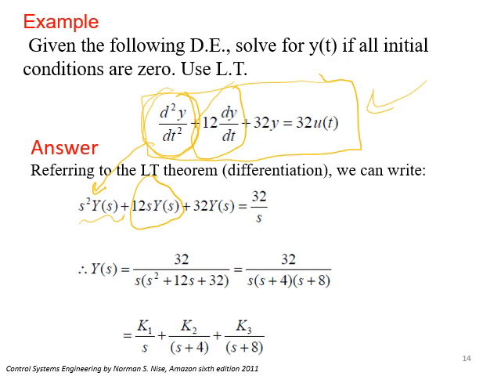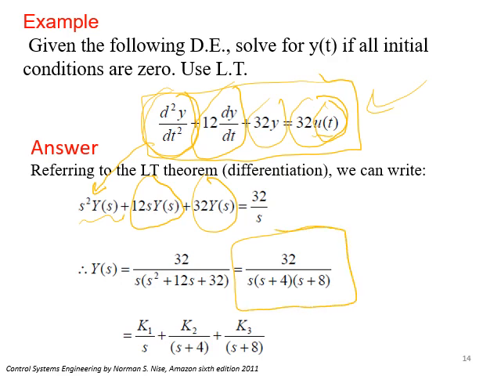And finally, 32y is kept as it is, and 32 u of t: you remember u of t in the table of Laplace, when you put it in the s domain, it is going to be 1 over s. That means 32 u of t will be 32 over s. Now, we can use algebra to calculate y of s. So y of s will be found to be this value.